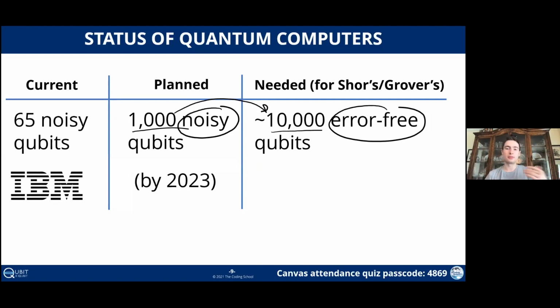What could we do with them, right? Can we still make them useful in some way to sort of fill this interim gap where we're building quantum computers, but they're not quite good enough yet to run something like Shor's or Grover's algorithm? And that's what near-term algorithms are. That's why they're called near-term algorithms. They're algorithms that are specifically designed for computers that have a large number of qubits, but whose qubits are relatively noisy.